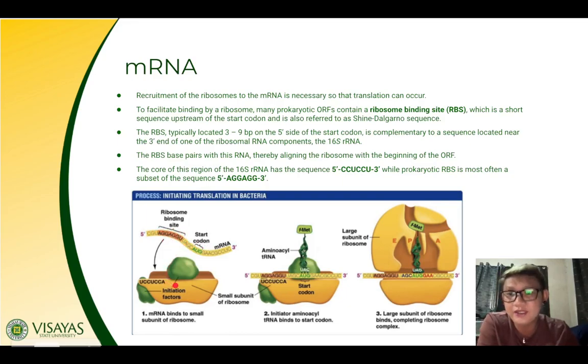The core of this region of the 16S RNA has the sequence CCU, while the prokaryotic RBS is most often a subset of the sequence AGG. So the 16S RNA binds to the ribosome binding site upstream of the start codon, so that they will be perfectly aligned at the catalytic site of the ribosomal subunit.